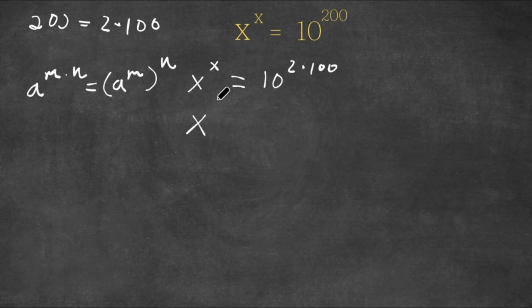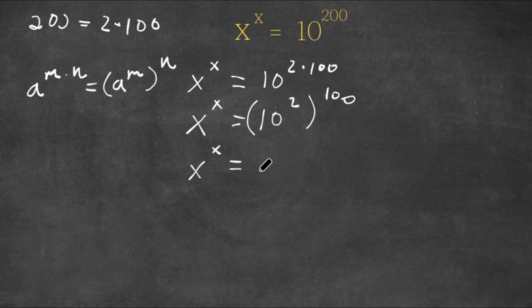So this means that x to the power of x is equal to 10 to the power of 2 to the power of 100. Now, 10 squared is simply 100, right? So now we have x to the power of x is equal to 100 to the power of 100.